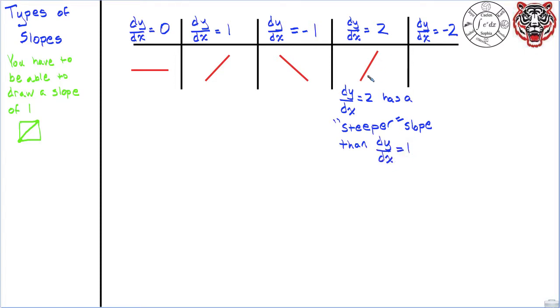And that's really all the AP graders are going to look for on your tests, is that you have a slope that's greater than this slope, a slope that's steeper. And finally, our rate of -2, that should look like this.